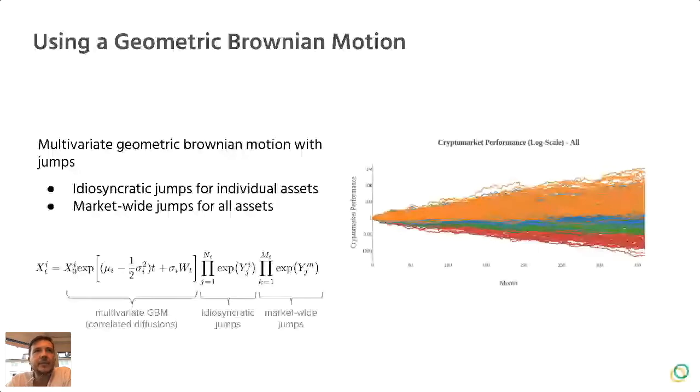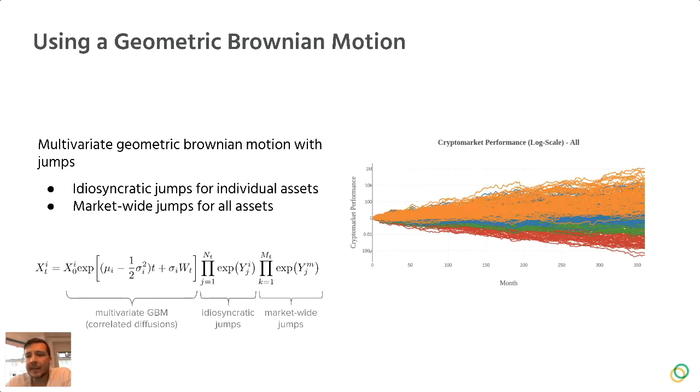Here we have idiosyncratic jumps, which in this case are based on a Poisson distribution, a certain daily jump of some extreme returns for a certain crypto asset on a single day. And then there are market-wide jumps because, for example, of some regulation change, where the whole market of crypto assets jumps on a certain day in an extreme fashion.